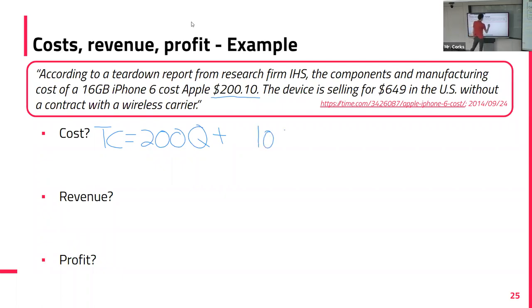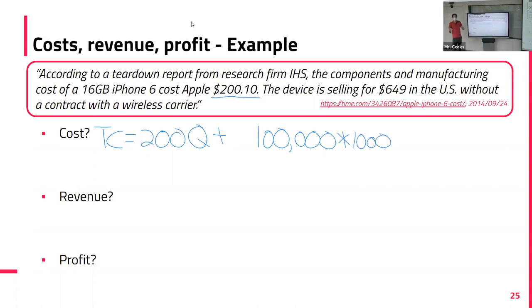So they release a new model of the phone every year. Let's say they spent a year developing this phone, and people who work in Silicon Valley in the US, where Apple's headquarters are, earn on average about $100,000 per year. That's their salary. And Apple has lots of people. So let's take a rough estimate and say they had 1,000 people working on this.